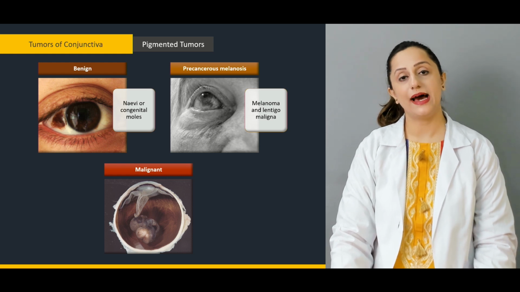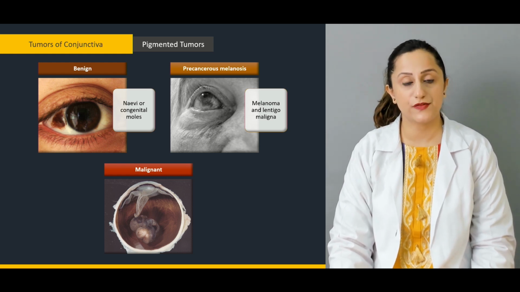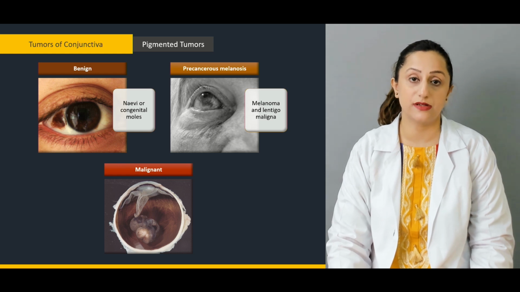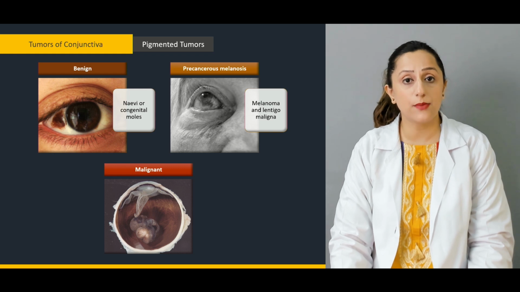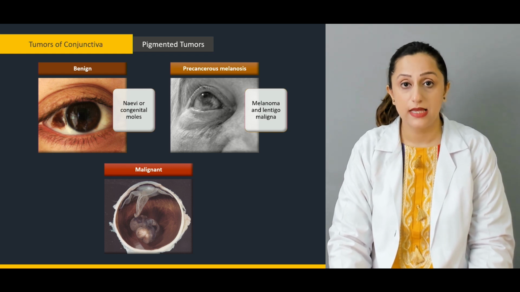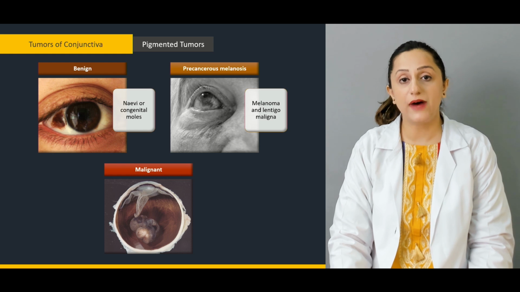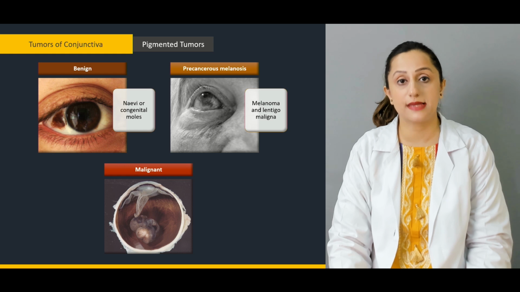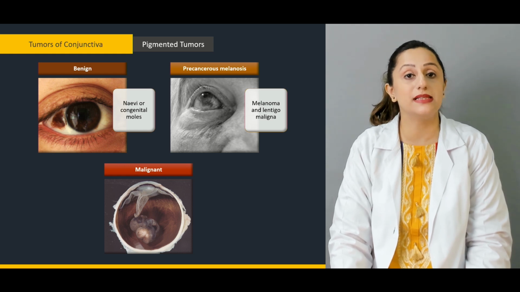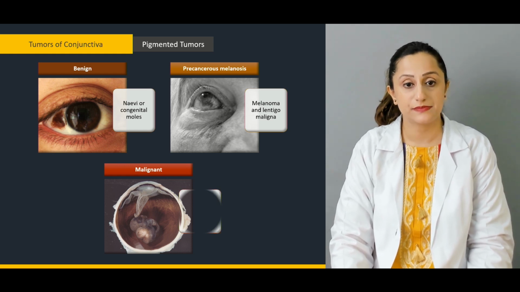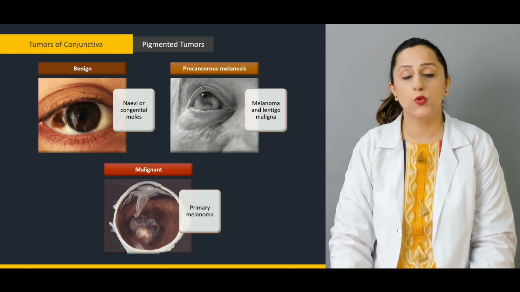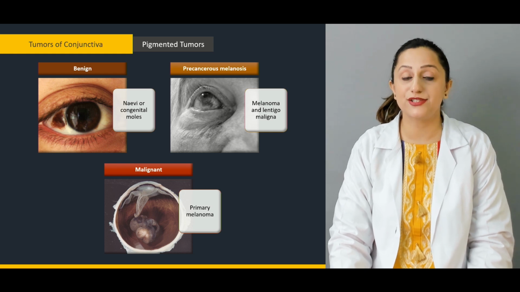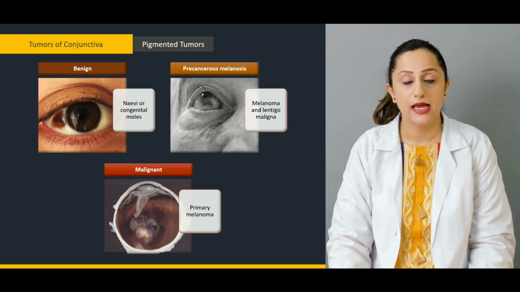On the other hand, we have the malignant variety of tumorous conditions of the conjunctiva. There are a lot of malignancies or cancerous conditions that can arise depending upon the differentiation of the cells. So the histopathology would be the final consensus that would decide whether a particular condition is benign or a malignancy that we are treating. Primary melanomas are the most notorious kinds of malignant tumors that we usually come across.